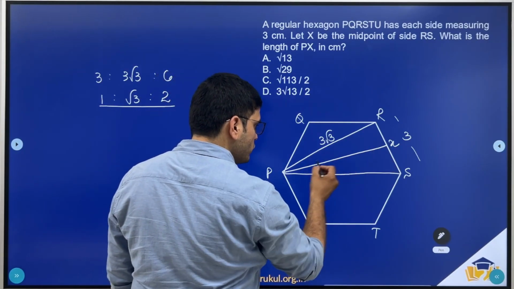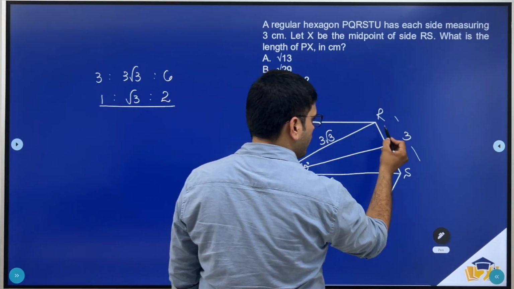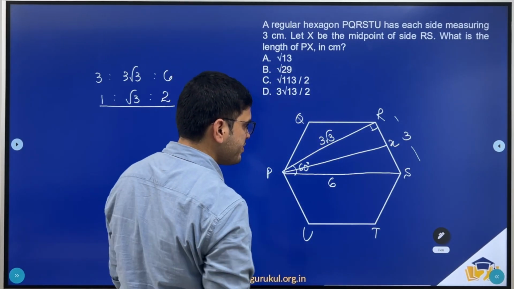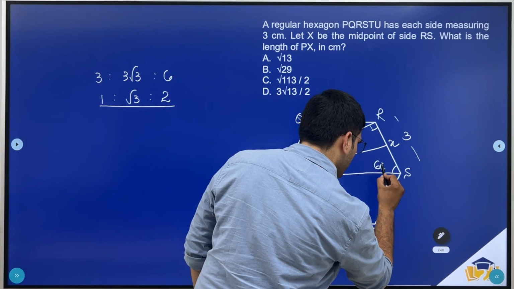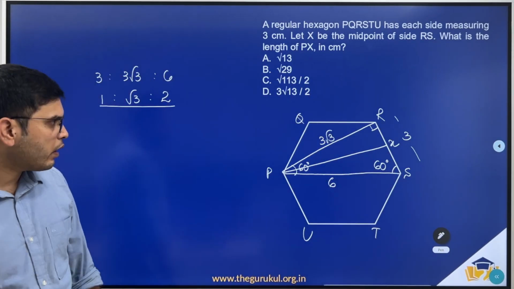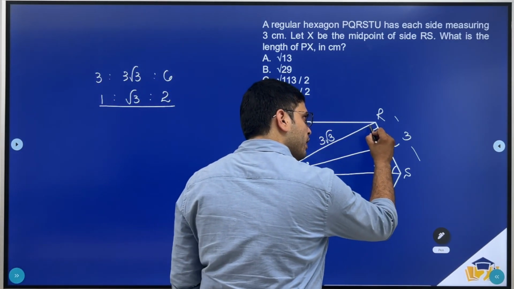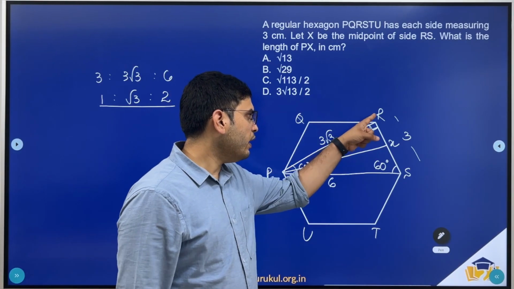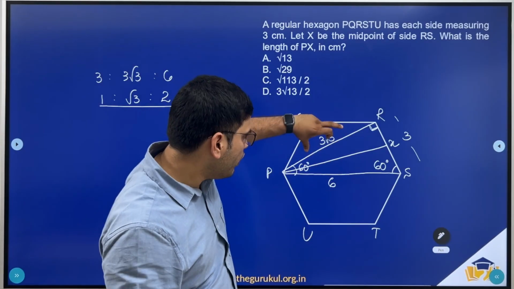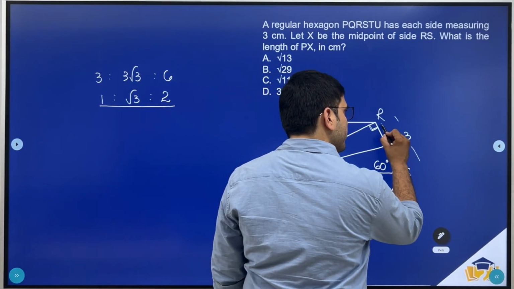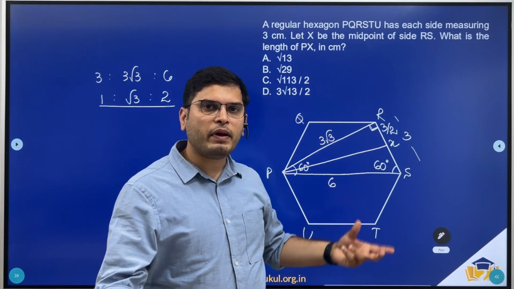So the angle opposite to side RS should be 60 degrees, this should be 90 degrees and this should be 60 degrees, right? Now what was asked? We are asked to find PX. Now you have this being 90 degrees and PRX is also a right angle triangle where PX is the hypotenuse. Now we know this side 3 root 3 and RX is nothing but 3 by 2, half of the side. Let's apply Pythagoras theorem.